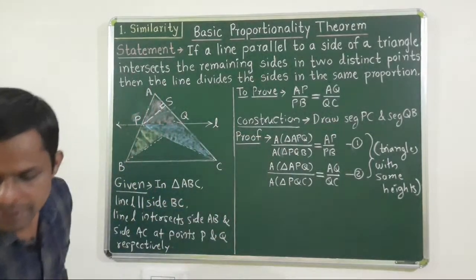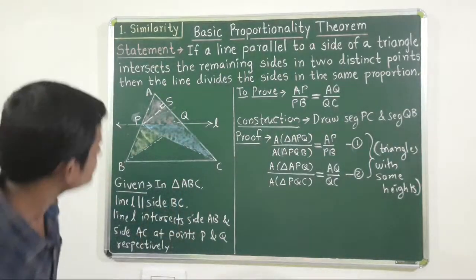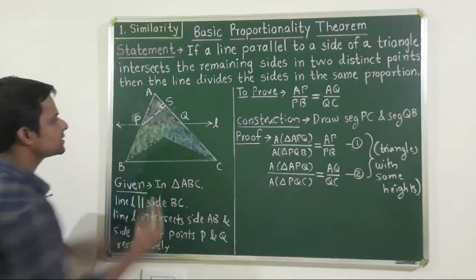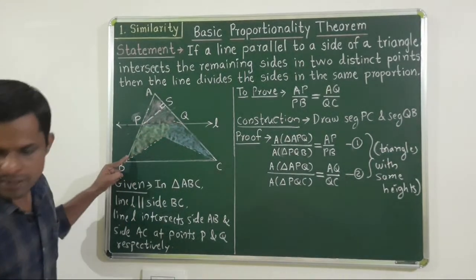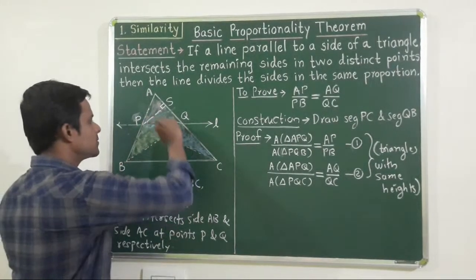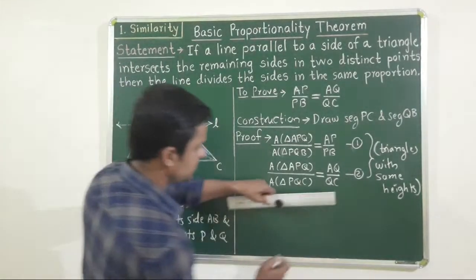Now we will take another pair of triangles, that is this one, this yellow color, that is triangle PQB and triangle PQC. I'm going to write these two triangles here again separately.